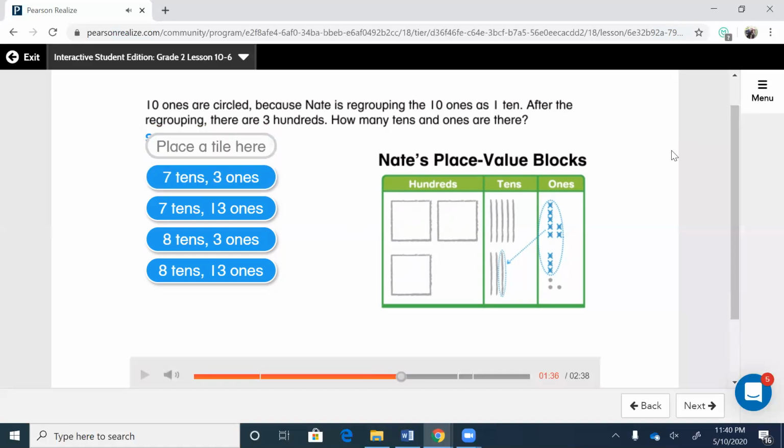Uh-oh, Mrs. Stevens. Okay, I need to pay attention. 10 ones are circled because Nate is regrouping the 10 ones as 110. After the regrouping, there are 300s. How many tens and ones are there? The circled one does not mean it's eliminated. Whoopsie, Mrs. Stevens. So that would be 8 and 3.